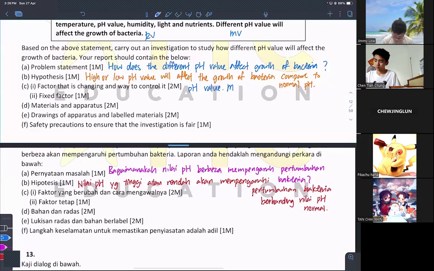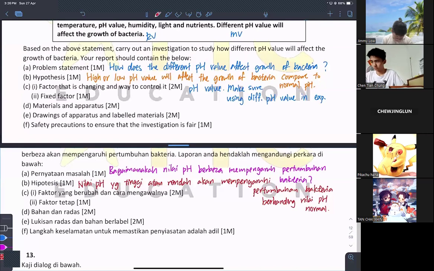The keyword is here, make sure. Make sure using different pH value in experiment. So this is how you control the manipulated variable. In BM as well, just say nilai pH.